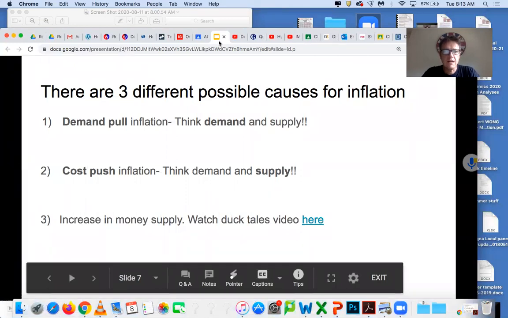Okay, once you've had a look at that, now you've returned: monetarism is the idea that money supply is directly related to inflation. As you saw in the video, when the ducks had the ability to multiply or increase money, that caused prices in the economy to go up, and the money wasn't worth as much anymore.